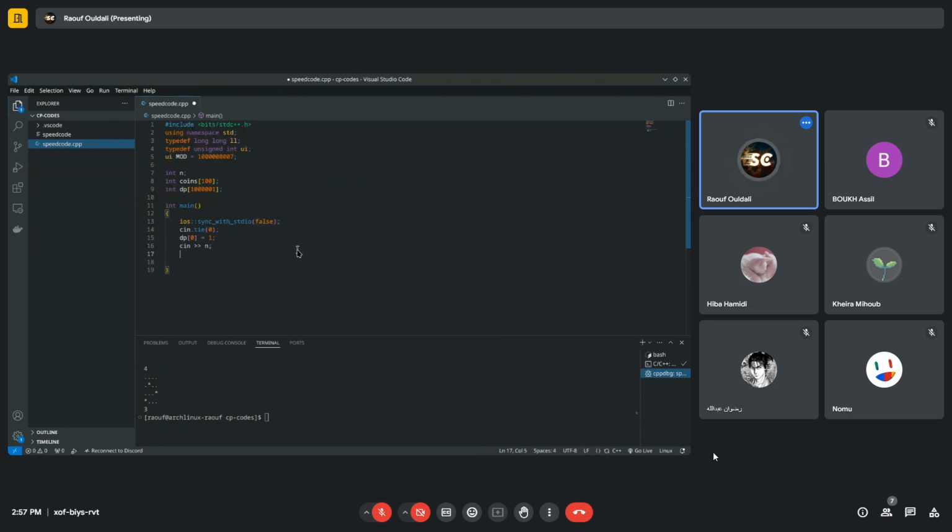Then we get n, and we get the values of our coins, c_i.